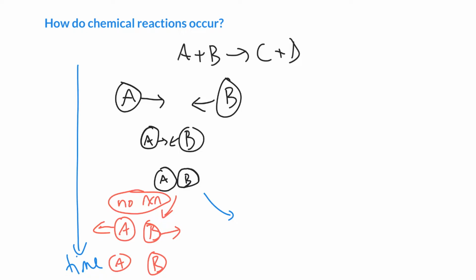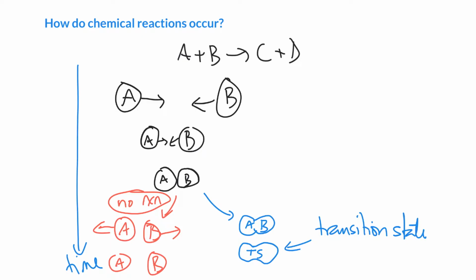But every now and again, what happens is that the reactants actually merge with each other. So they actually mesh together here. So I've drawn them kind of smushing into each other. And when they smush into each other, they actually start to change. So they start to form what we call a transition state. I'll write TS for short here. And this is sort of this point where the atoms are starting to swap between each other.